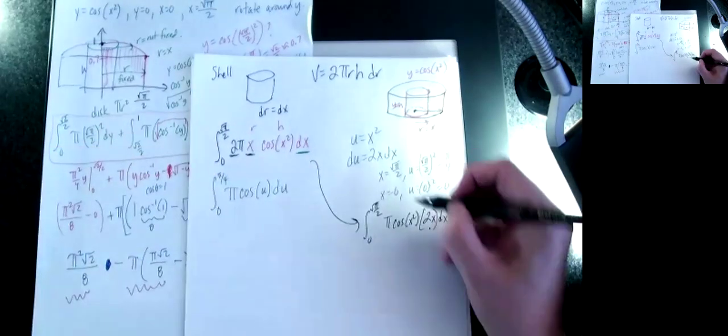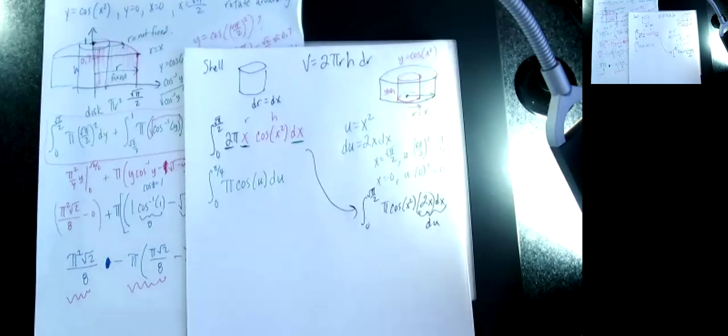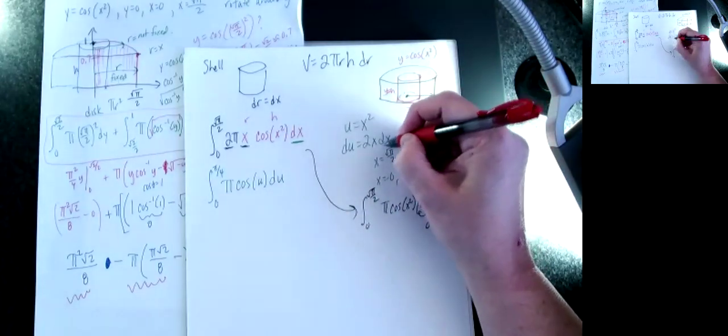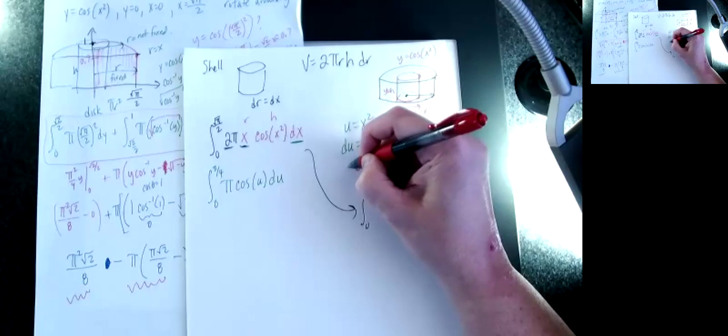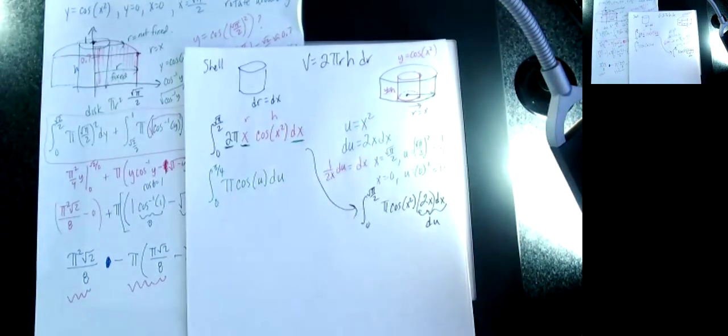And now this was my du. If you don't like doing that, you can also do dx equals 1 over 2x du. Stick in the du and you'll see the 2x cancels there. You guys with me on that?